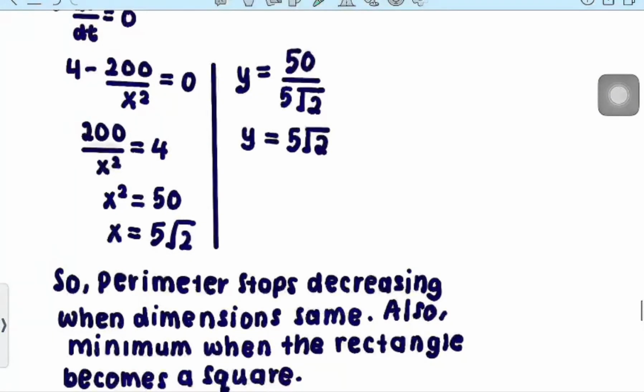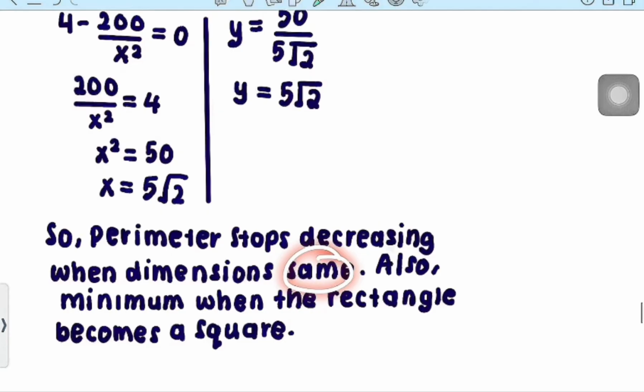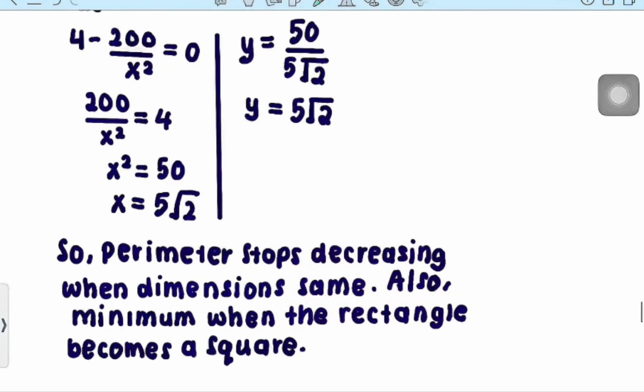After we know both values, we can know that the perimeter stops changing when the dimensions are the same, also minimum when the rectangle becomes a square. This means the y value and x value are the same.